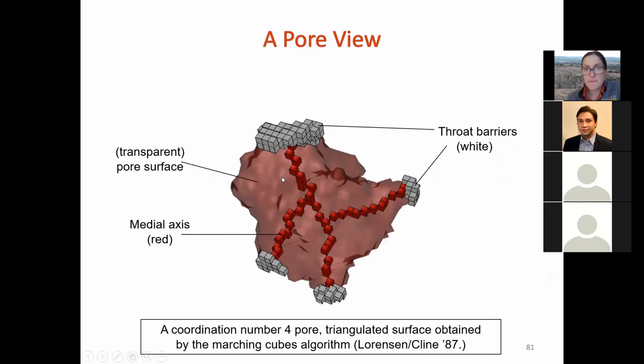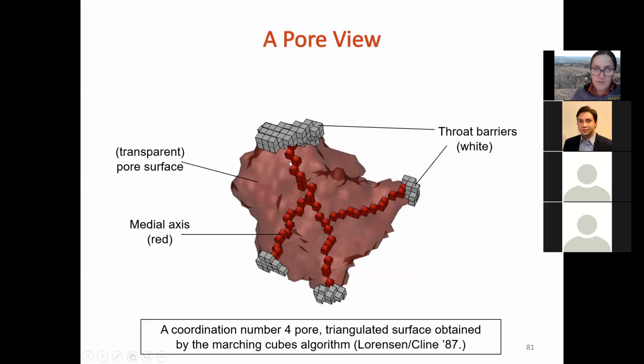Now, this is an example of what I call throat barriers, these blocks of voxels that are in this case 6-connected, in order to block the space off so I can acquire where the pore voxels are. If you remember digital topology, they have to be 6-connected in order to break down the pore space into disconnected portions.